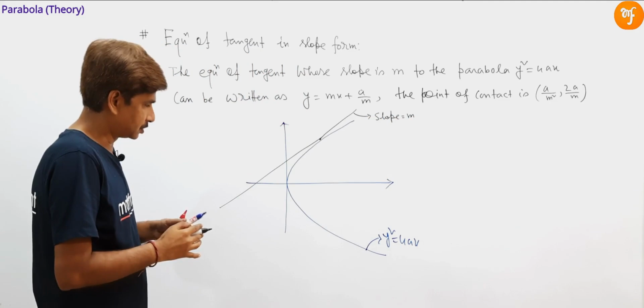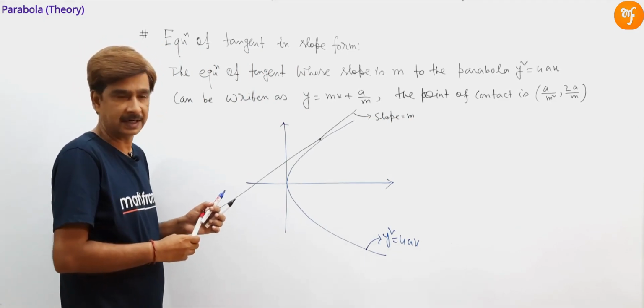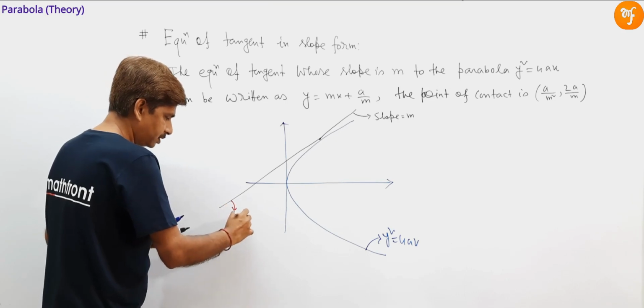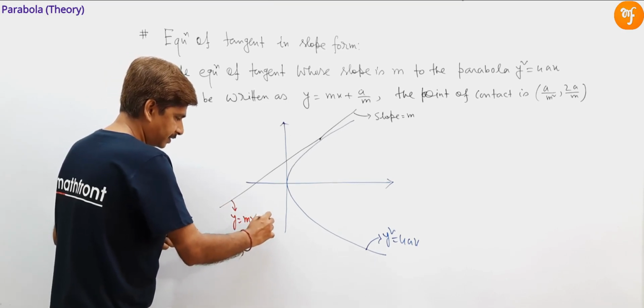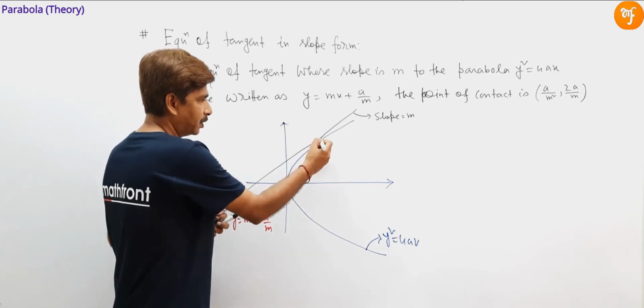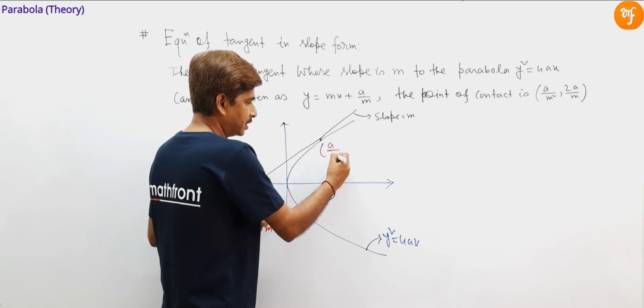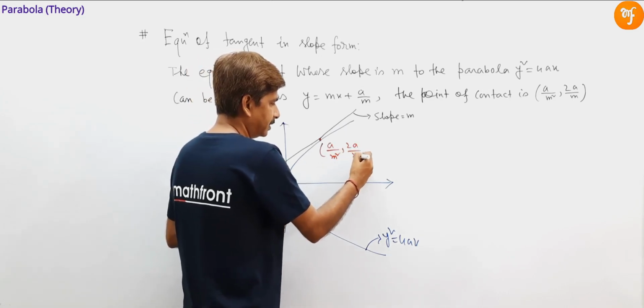Okay. So what will be the equation of this tangent? The equation of the tangent will be y is equal to mx plus a by m, and this point of contact has coordinate a by m square comma 2a by m.